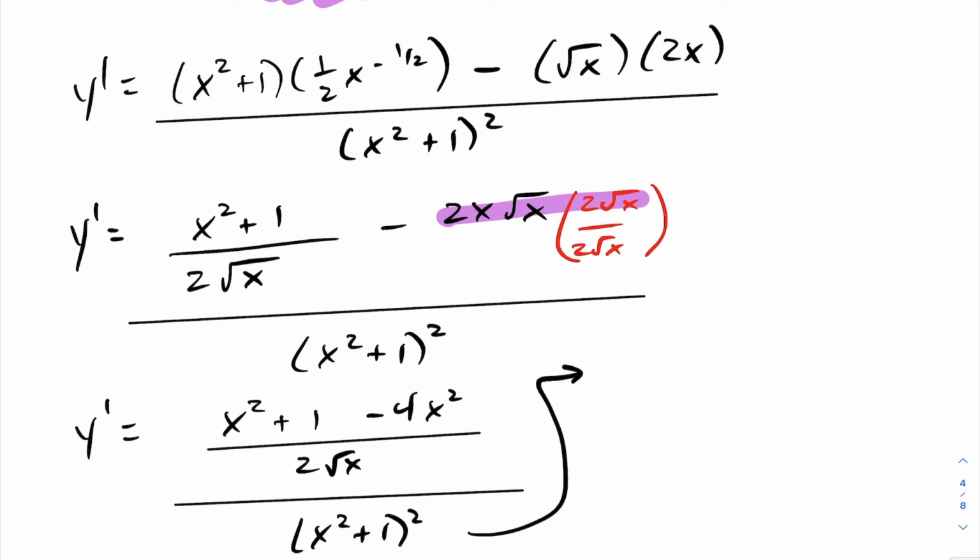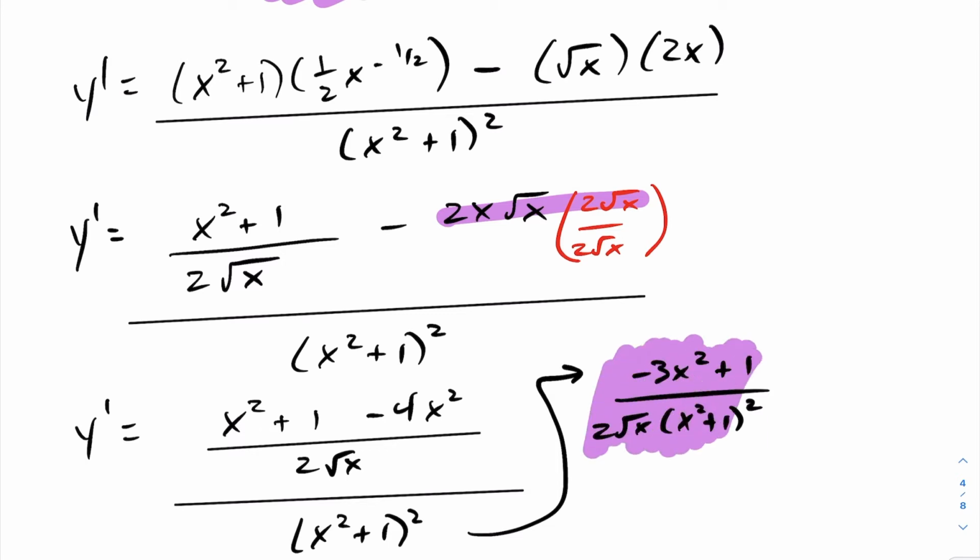And again, we're dividing fraction by fraction. So simplifying, this becomes minus 3x squared plus 1 over 2 root x times x squared plus 1 quantity squared. And this would be the derivative using the quotient rule. Let's try another.